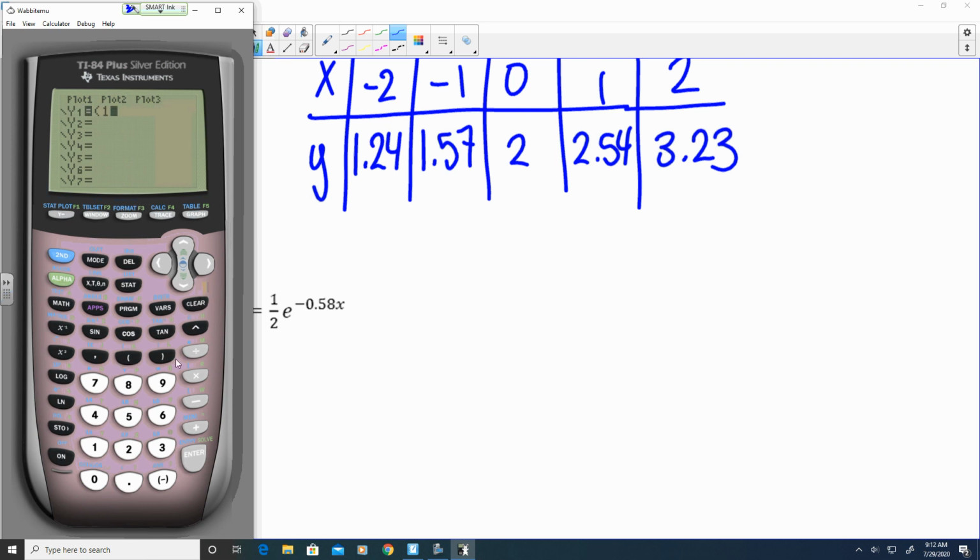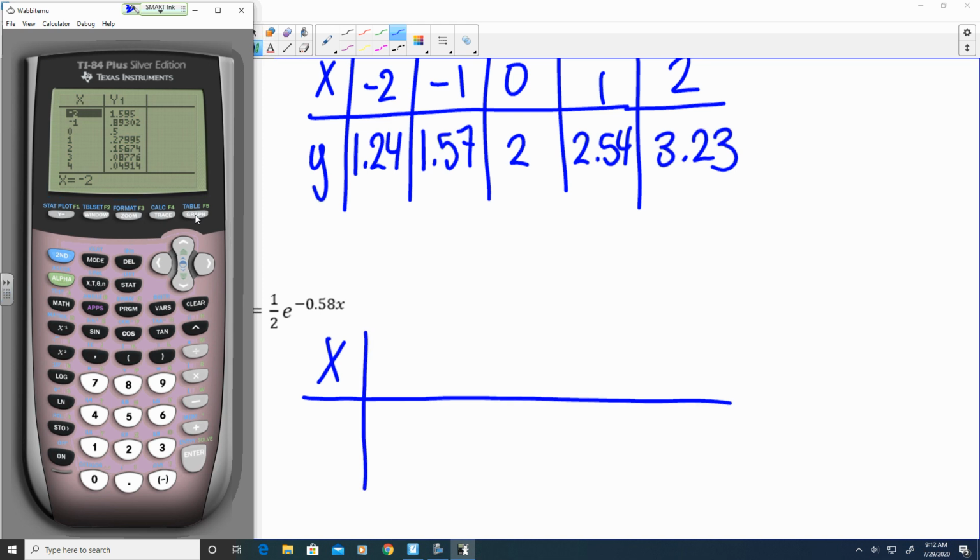Okay, so next one we have 1/2 e to the -5/800ths x. And we just want the table for now, second graph, to give us the table. From -2 to 2.